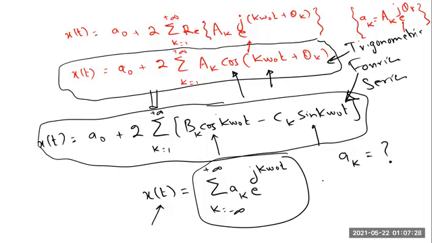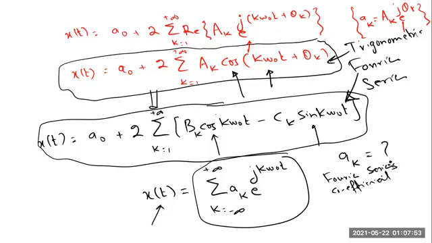Now, we can assign a name to this particular variable in our expression. This ak is known as the Fourier series coefficient.